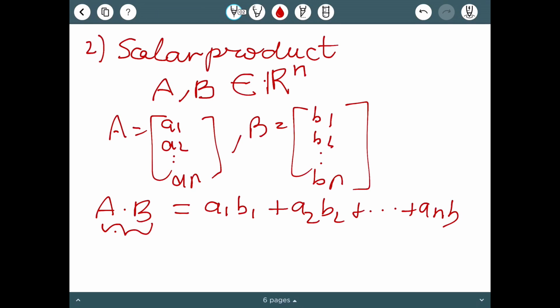So you sort of multiply the first coordinates of the two vectors and add that to the product of the second coordinates of A and B, and so on. Okay, so now the scalar product does have a few properties as well, which I'll get to later.